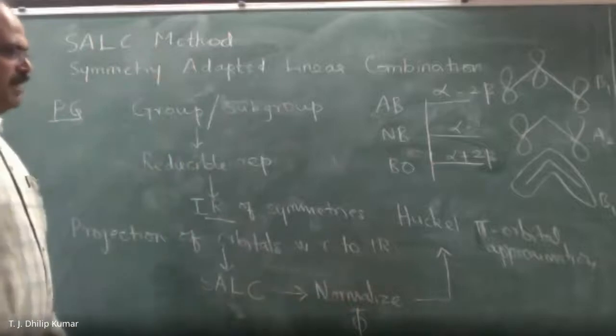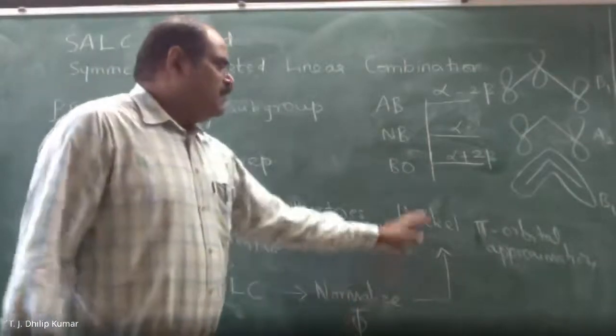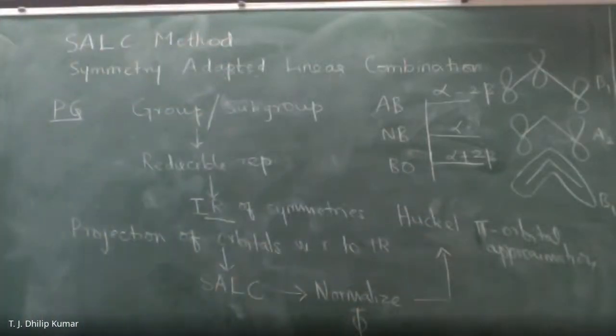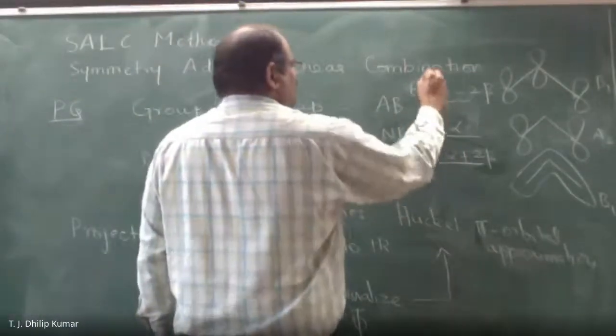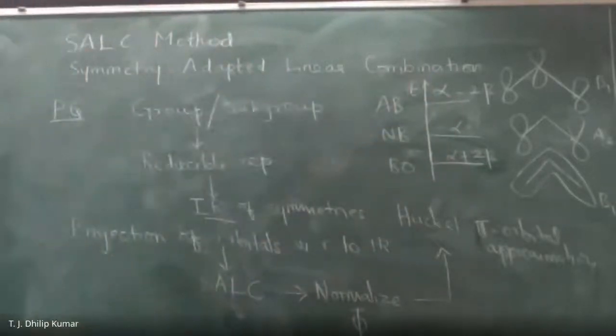We labeled it as phis. And then we applied Huckel's pi orbital method. If they are nearest neighbors of the same type of orbitals, then it's alpha. If it is of different type, it is beta. And then we got the energy levels. So these are the energies we got, and the corresponding symmetries are given.